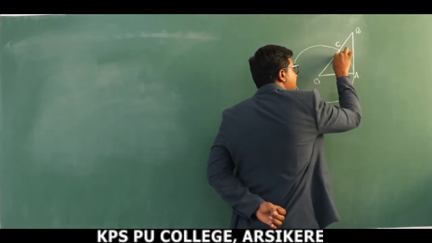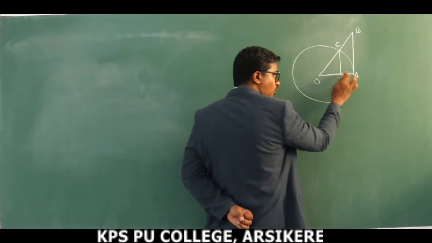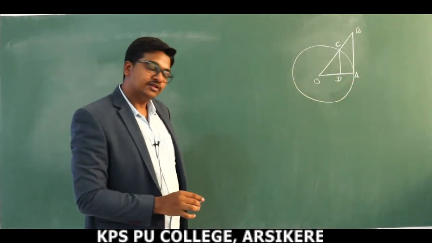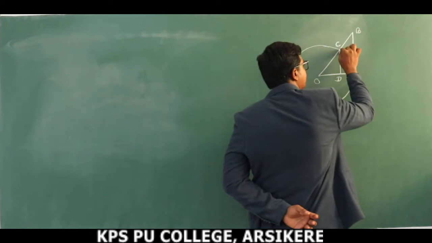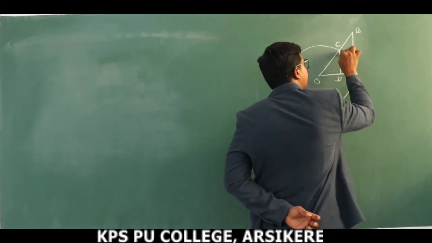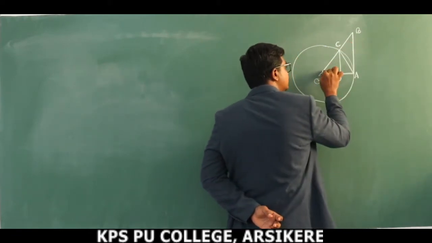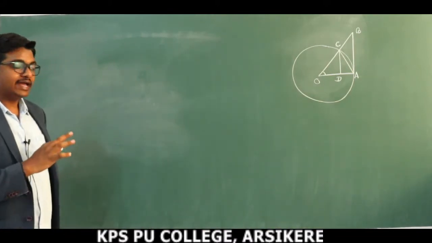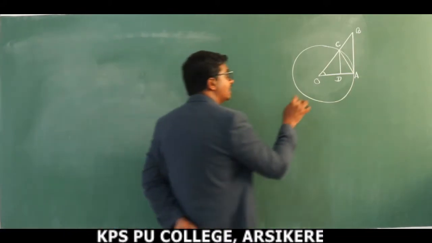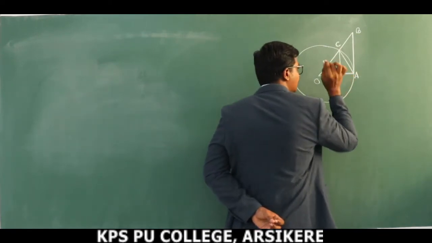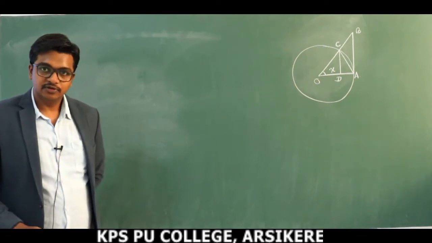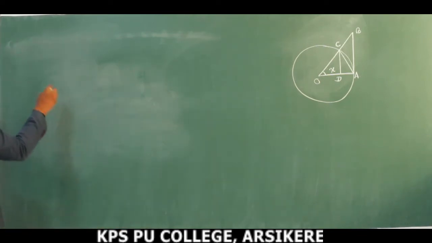Next, draw the line segment which is perpendicular to OA and take the point as D. Then join AC. So angle OAC becomes x radians. This is the diagram. Now discuss the proof. Observe here.